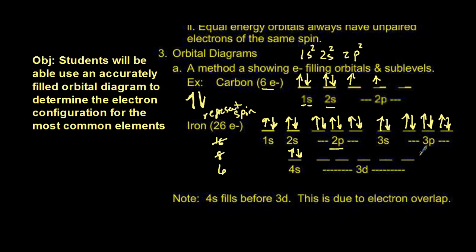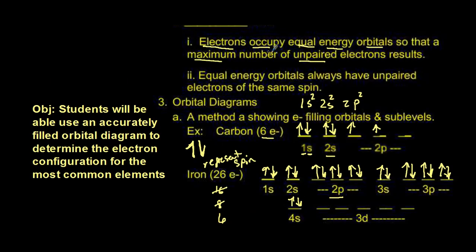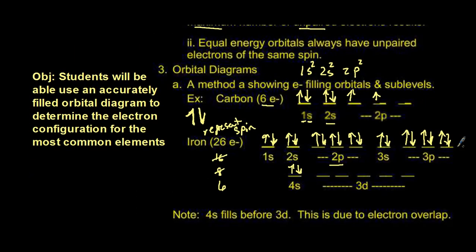Those 6 will fill into the 3d, and again, according to Hund's rule, they occupy equal energy orbitals so that a maximum number of unpaired electrons result. Well, they're going to distribute, let's erase that 2p here. 1, 2, 3, 4, 5, and we have one more.